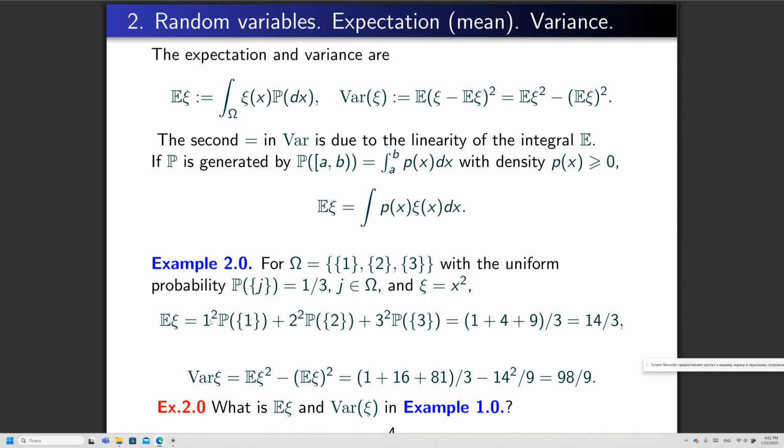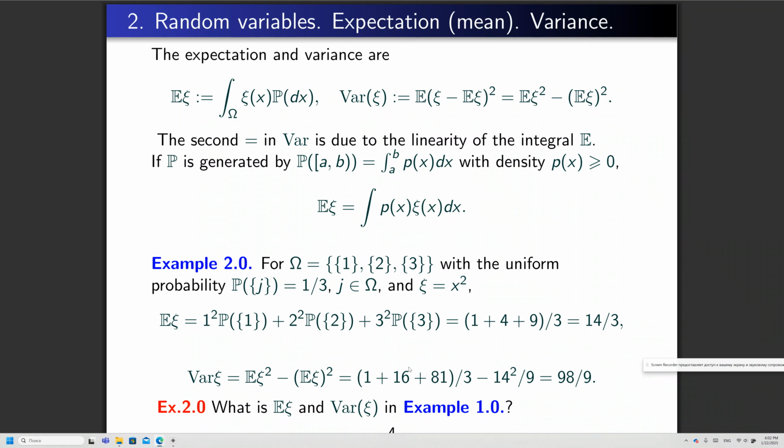That's why instead of 1 squared, 2 squared, and 3 squared, we need to substitute 1 power 4, 2 power 4, and 3 power 4. After computing this sum, the expectation of xi squared, we need to subtract the expectation of xi, power 2. That one we already computed, and we obtain this value.